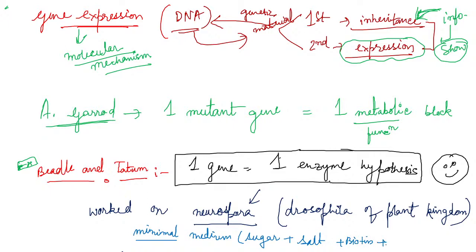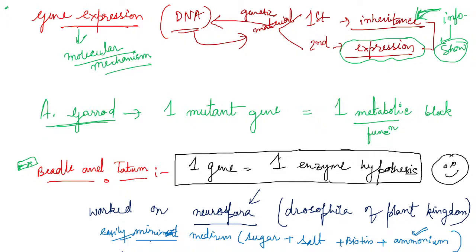Along with this, we can give ammonia, which is a complementary product; you can add it or not. A Neurospora that can grow easily on the minimal medium is the wild type Neurospora.